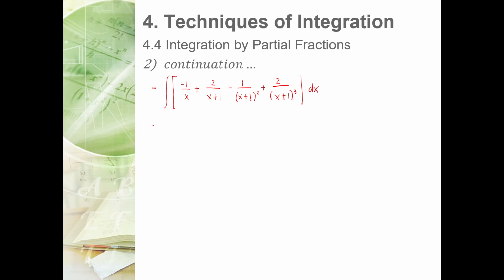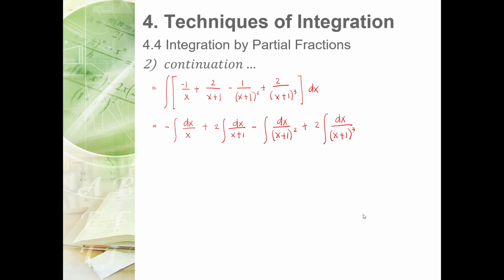Separately, you're going to have negative integral of dx over x, plus 2 integral of dx all over x plus 1, and then minus integral of dx all over x plus 1 squared, then plus 2 integral of dx all over x plus 1 cubed.